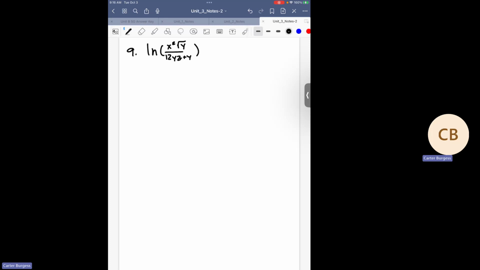The first thing I like to do when we have these really complicated insides to our logarithm is start with a fairly simple split. I'm going to start by splitting this as ln of x squared square root of y minus the ln of 12yz plus 1. And then we can deal with each of these smaller logarithms in their own right.